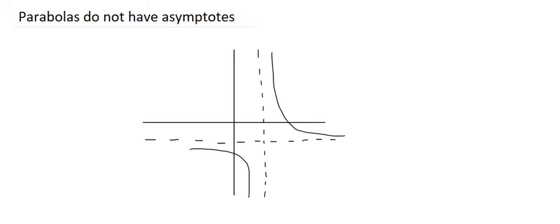Asymptotes, which we will see in more detail when we deal with hyperbolas and exponential graphs, are almost like these lines that get in the way of the graph. So for example, here we have a hyperbola drawn. Now think about what happens when this graph moves from the right to the left.